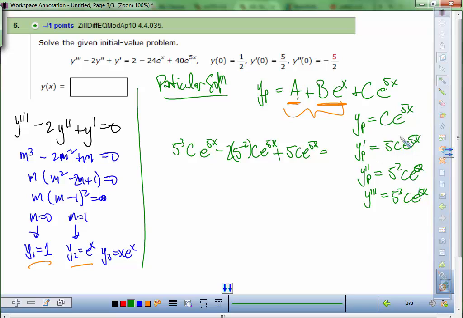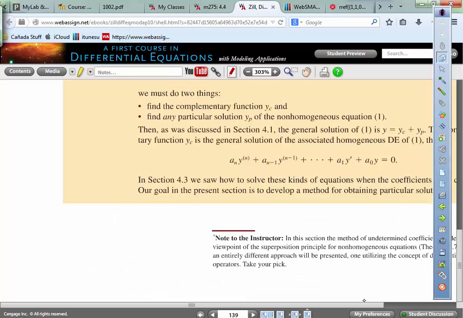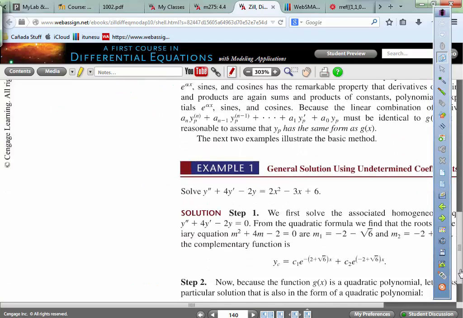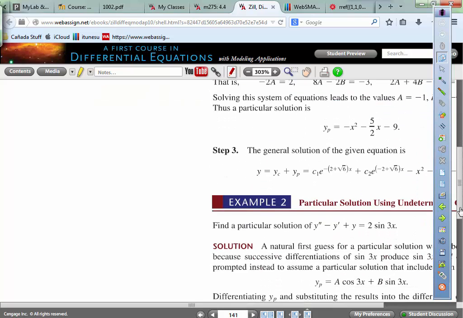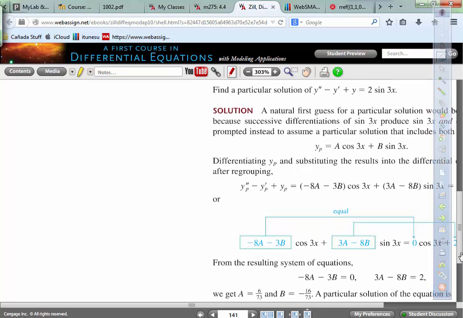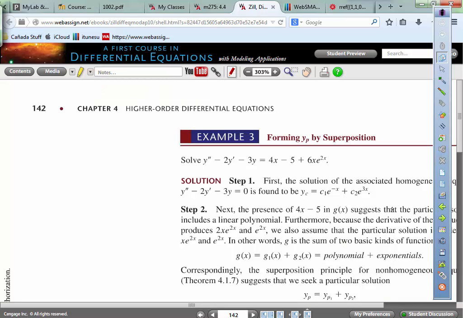I was trying to see if I needed to do that. Let me just check the book real quick, because there's an issue if the particular solution has parts of the homogeneous solution.